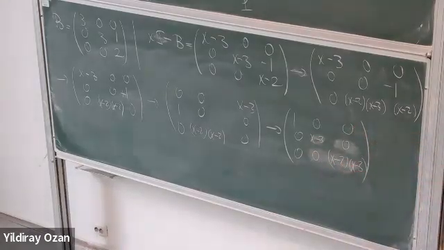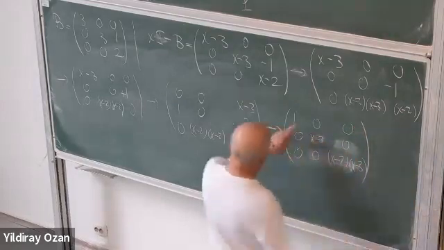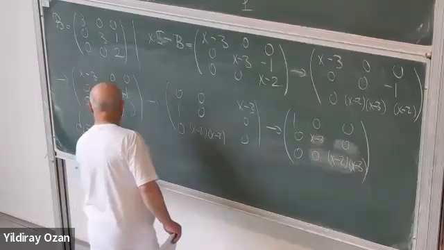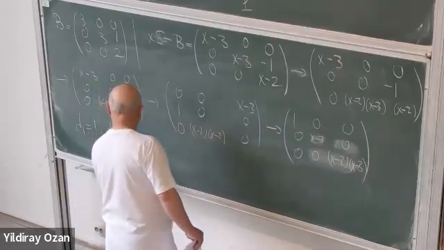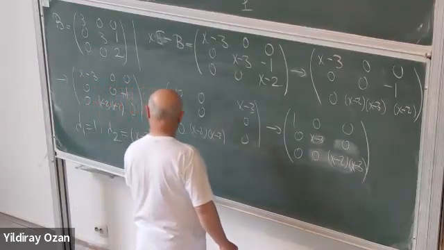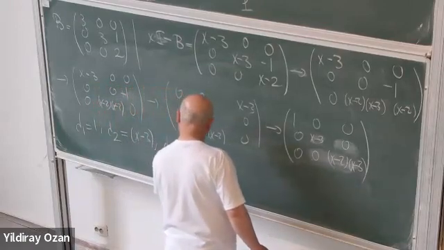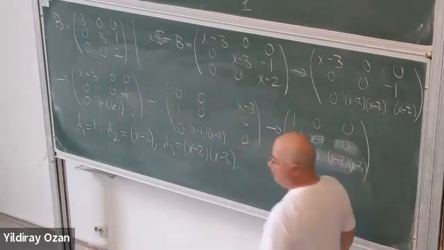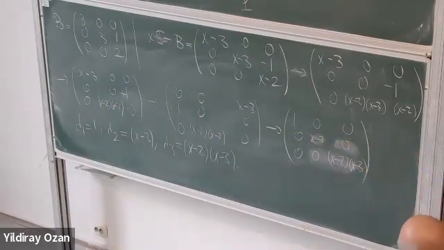Next, this is the Smith normal form, where they divide each other. So B1 is 1, B2 is x minus 3, and B3 is x minus 2 times x minus 2. They are different, right? Their minimal polynomial is equal to the characteristic polynomial over here.